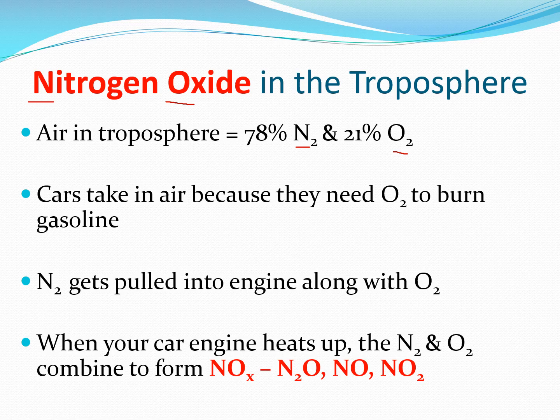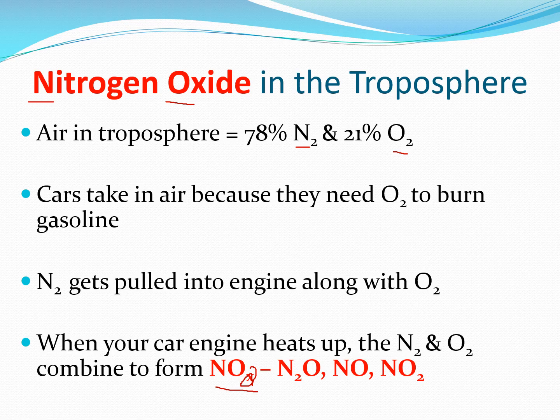And sometimes they're called NOx, N-O-X. The reason for this X is that sometimes it's NO, sometimes there are two oxygens, sometimes it's even N2O. So the whole idea of this NOx is that it's nitrogen and oxygen combined in different forms. And then that goes out your tailpipe.